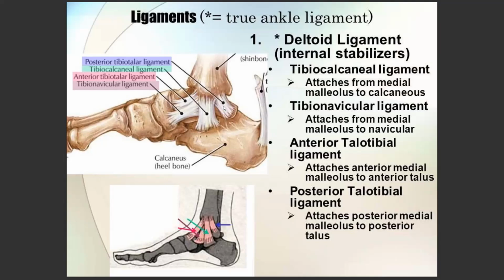This is the posterior tibiotalar and this is the anterior tibiotalar. While this ligament is between the tibia and the navicular bone. So these four ligaments are bands that are collectively known as the deltoid ligament.